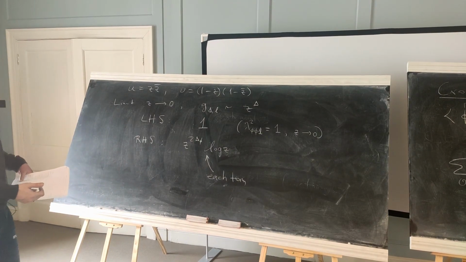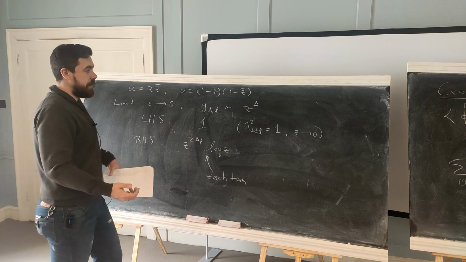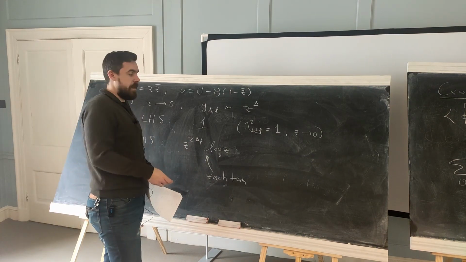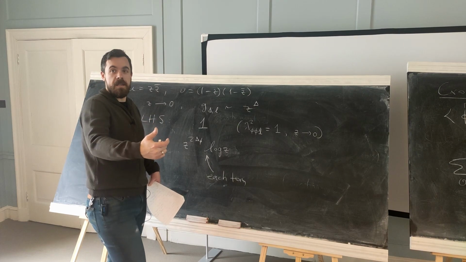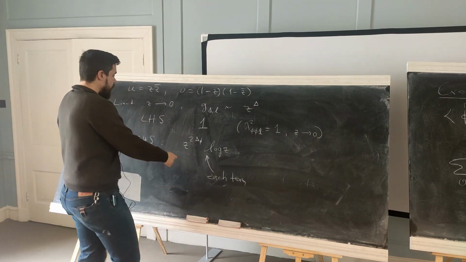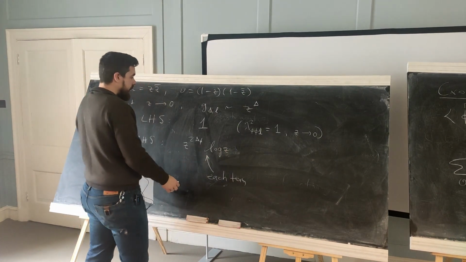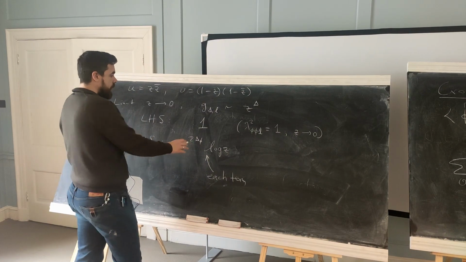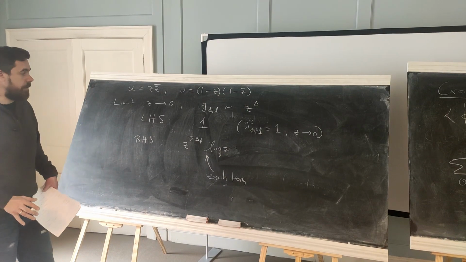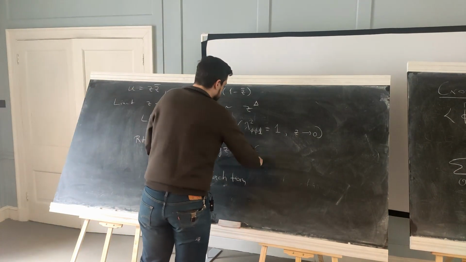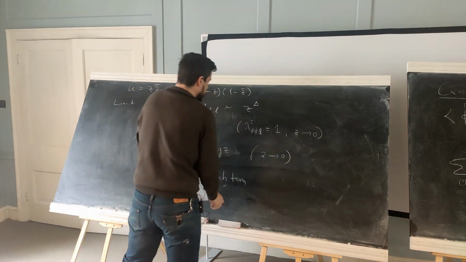Well, the only way for that to work is for another infinity to come in and save the day. The other infinity is the number of operators that you have to have in the CFT. There is no other way. The number of operators in the theory has to be infinite itself, so that this resums to something that reproduces this 1. Okay? So this is, again, in z going to 0.